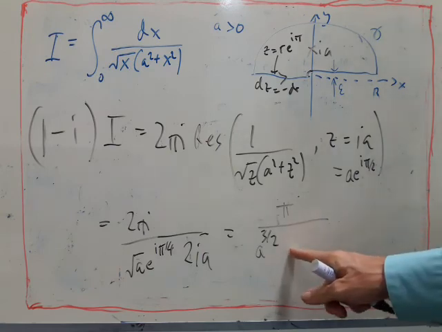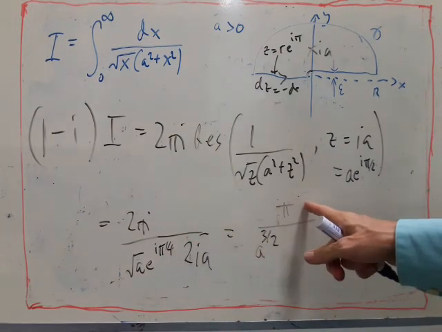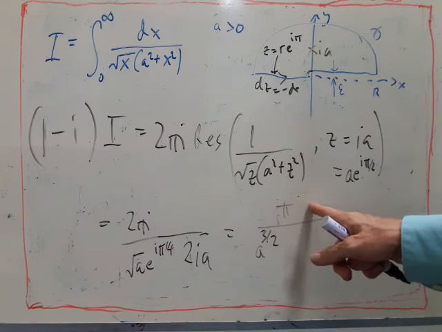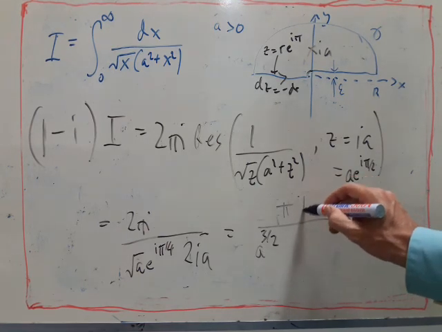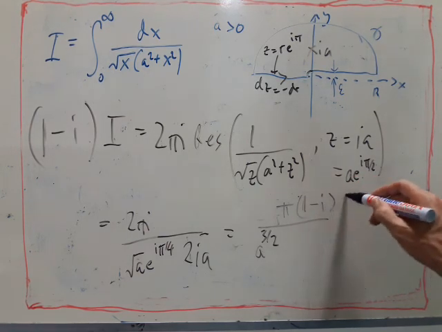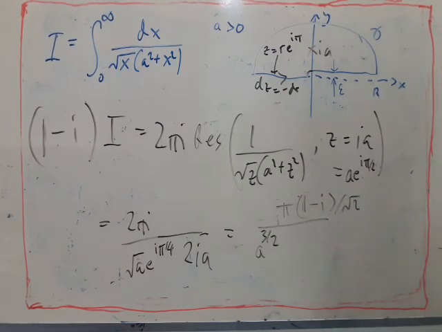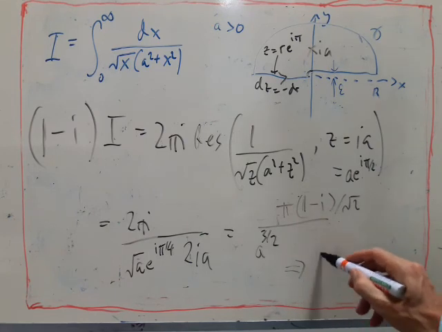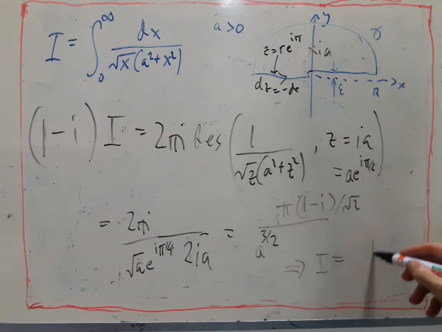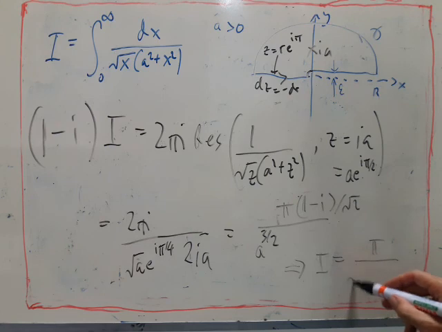E to the I pi by 4 on the bottom is the same as e to the minus I pi by 4 on the top. That's actually quite a useful thing to have, because that in fact is the same as 1 minus I over root 2. So this then cancels this 1 minus I here, and we get the final answer I is equal to pi over root 2 times a to the 3 halves.